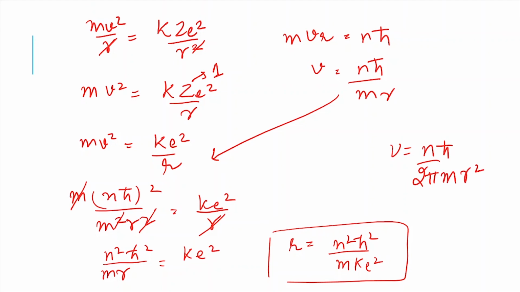So we substitute r here, so we get n h cross over 2 pi m times k square e to the power 4 m square over n to the power 4 h cross to the power 4, which gives n to the power minus 3.